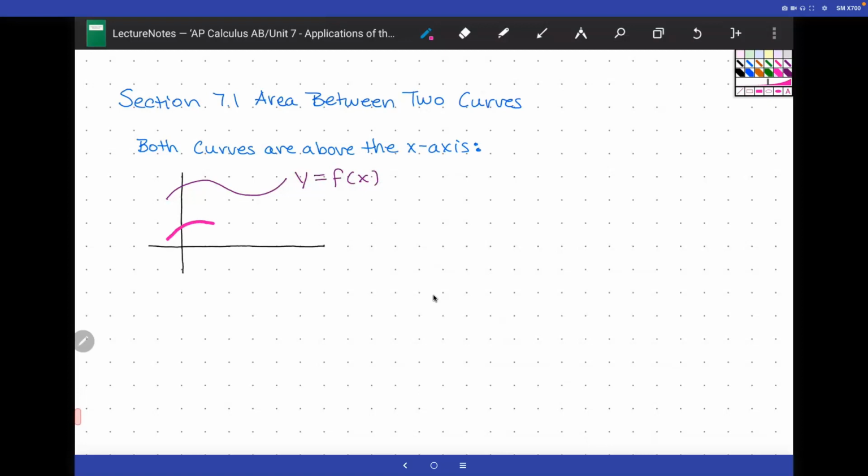And then y equals g of x will be this one down here. Let's say I want to find the area between these, but also between the vertical lines x equals a and x equals b. So I'm looking at this area right there.